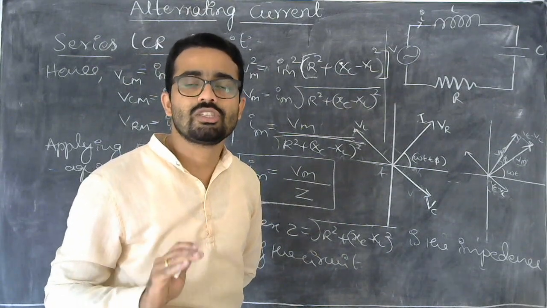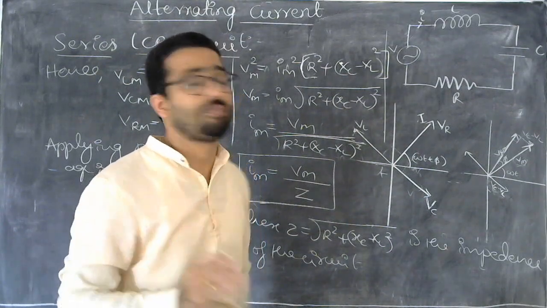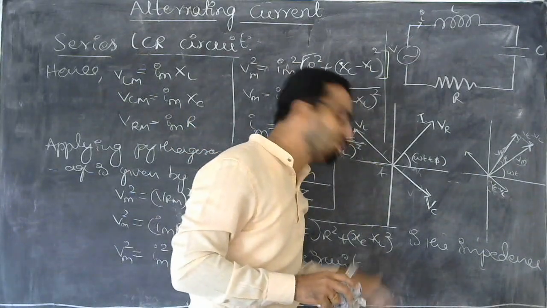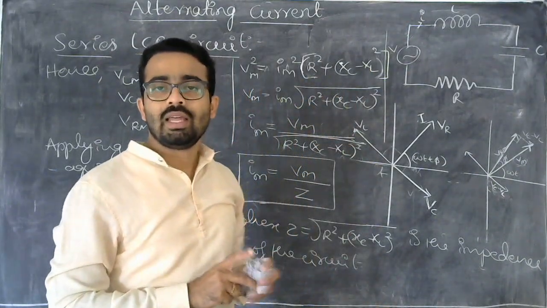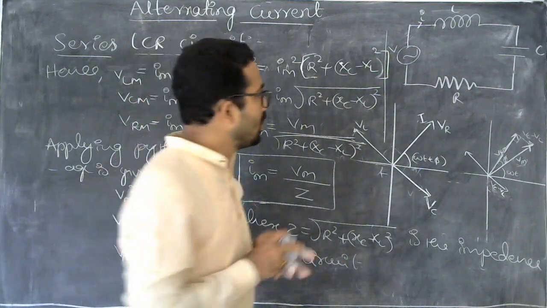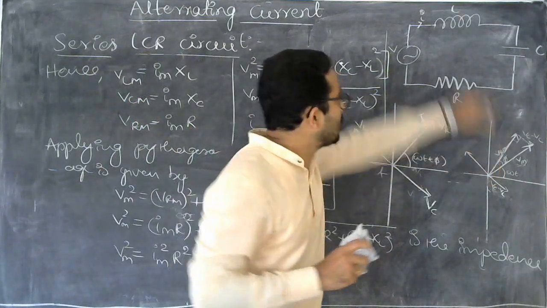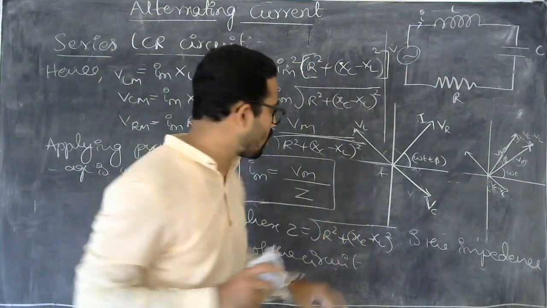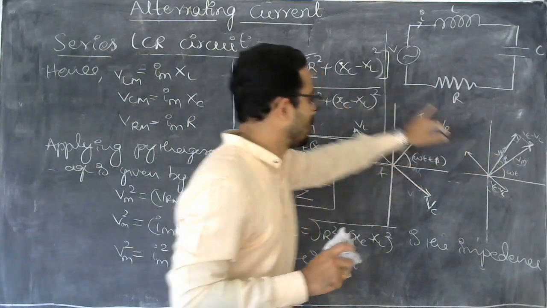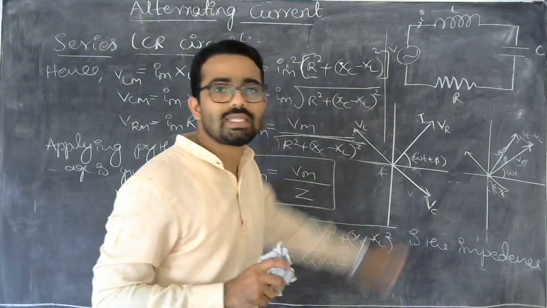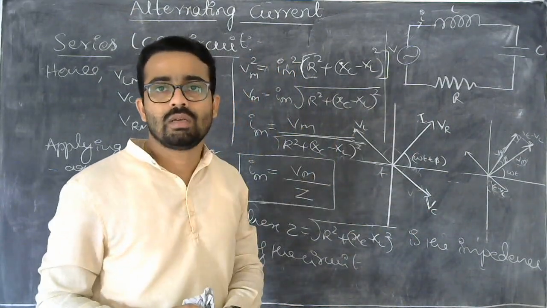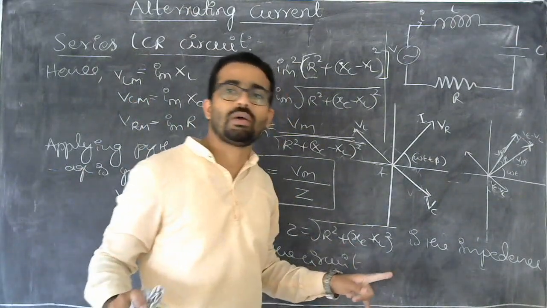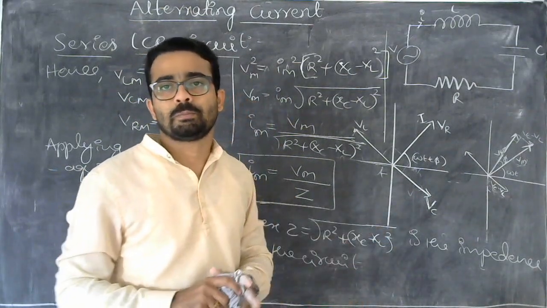So there is no phase difference between current and voltage when Xc is equal to XL. From this we can understand that the phase difference between the current and the supply voltage exists because of the presence of two components, the capacitor and the inductor, and it depends solely on the reactances of the capacitor and inductor.